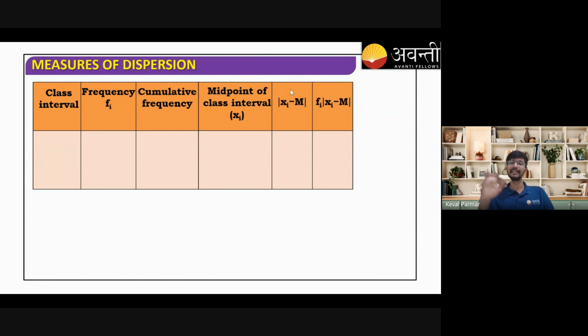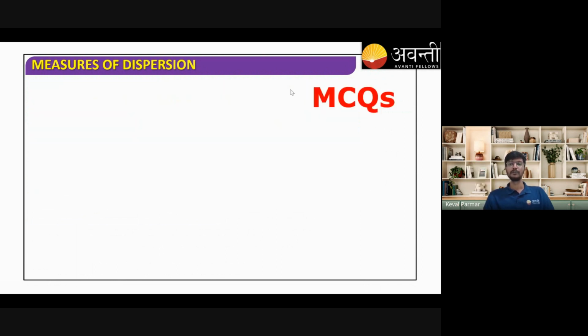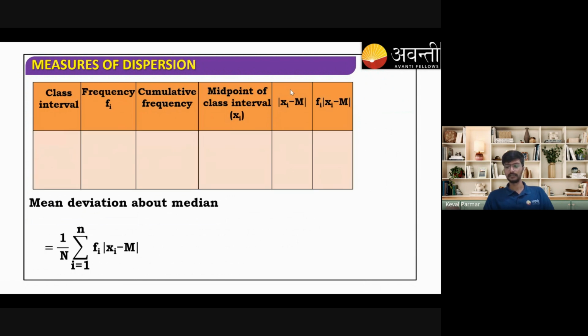Then same thing, Xi minus median value, and lastly frequency multiplied by Xi minus median value. So we'll get this formula. Correct? I hope it is clear.